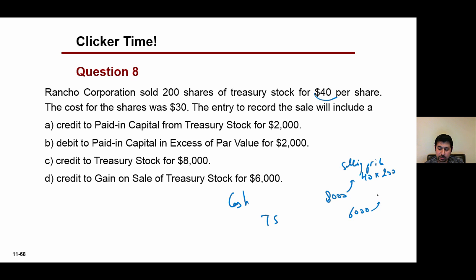This is according to the cost. And the difference between the two will be paid-in capital from treasury stocks. That will be the difference of 2,000. So in this case, the correct answer will be A, because it includes a credit to paid-in capital from treasury stock for 2,000.